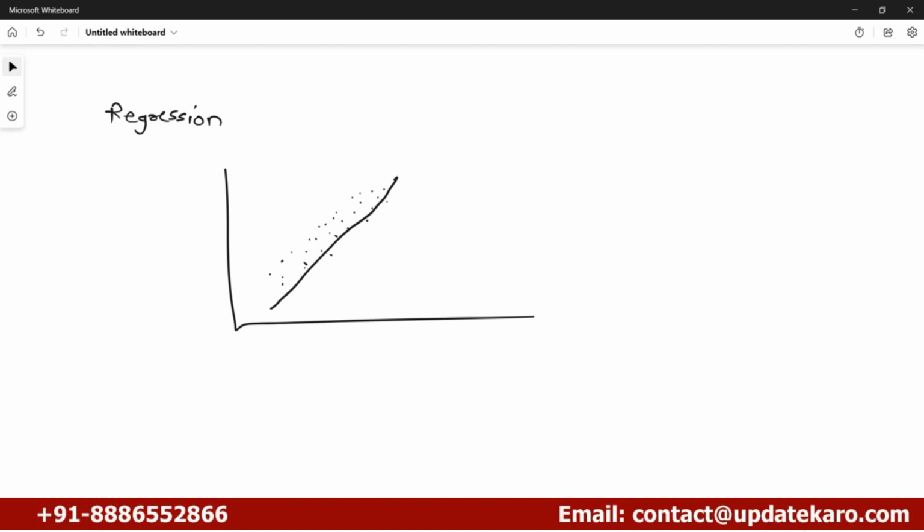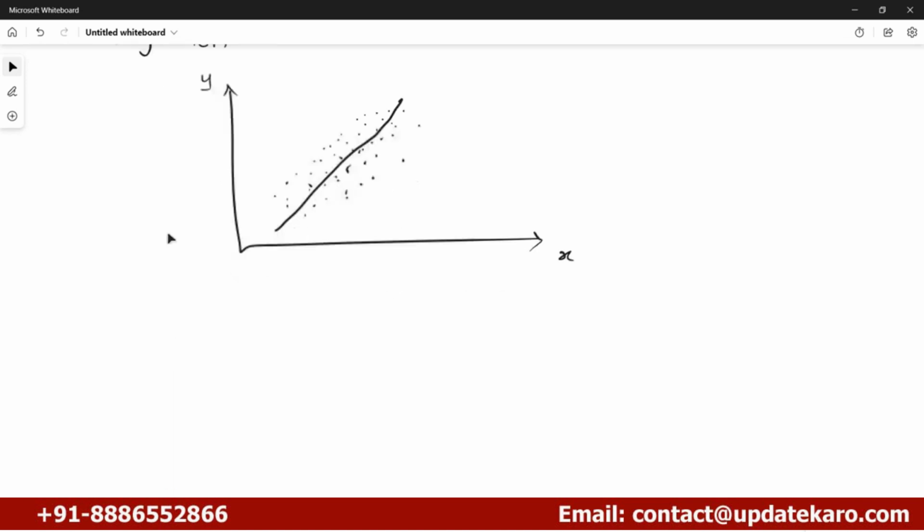Let's say this is my regression line and this is my data, right? I have created a regression line which goes in between these data points, exactly through the middle. This is the x coordinate, this is the y coordinate, and this is how I build the regression model.